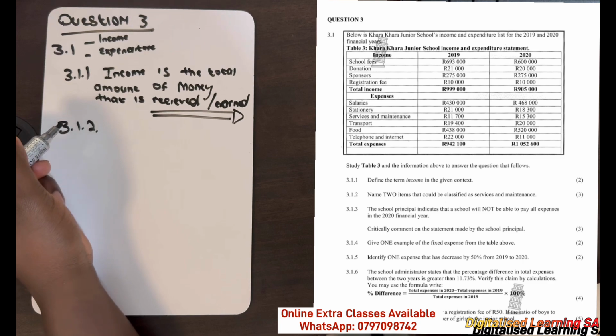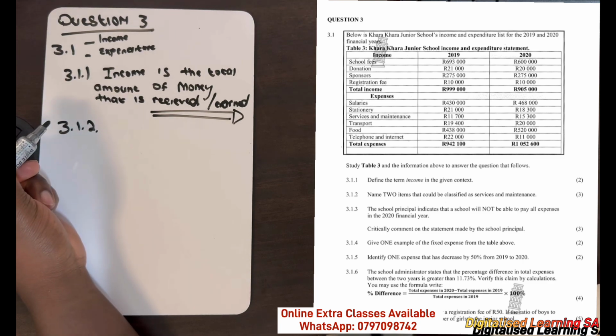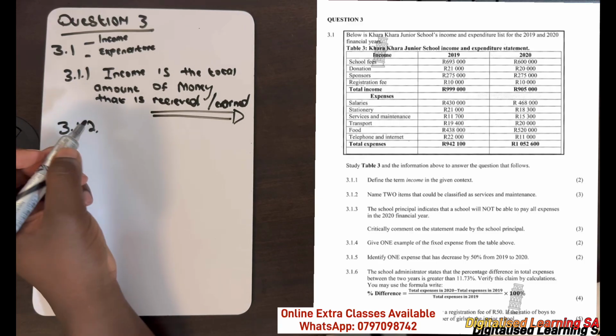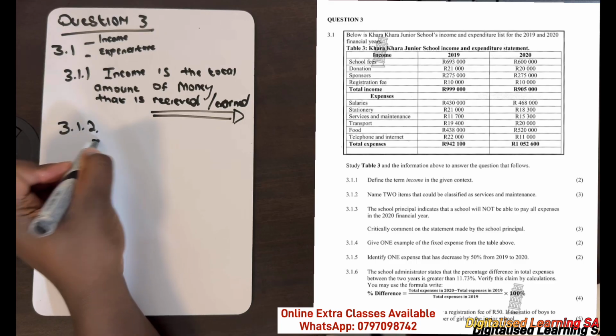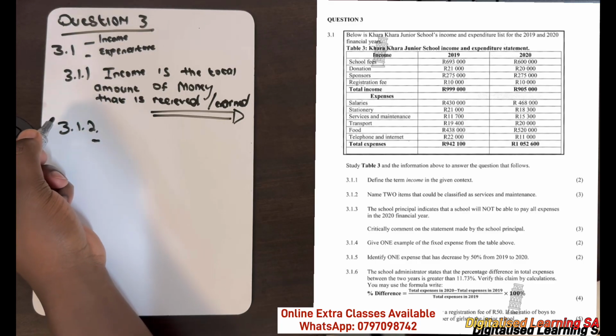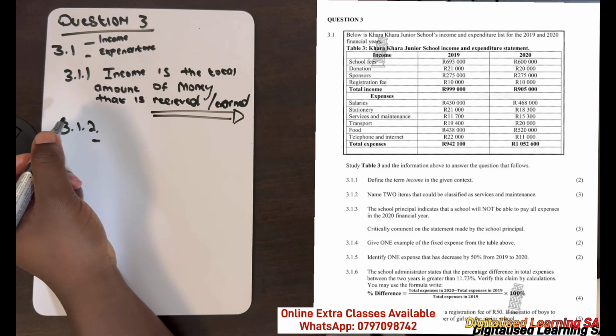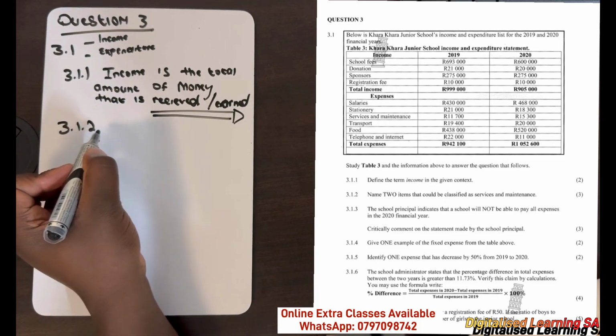So question 3.1.2 says that name two items that could be classified as service and maintenance. So we can start with grass cutting. So grass cutting would be part of maintenance. So if you have grass and you cut them, that's part of maintenance.